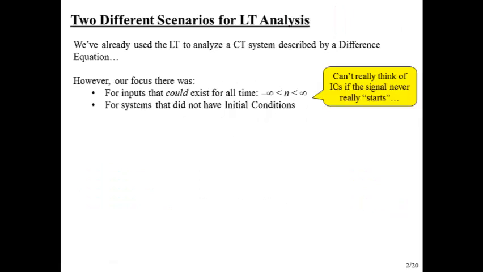So these mimic the slides that you've already seen for discrete time, and all the stuff that we've done so far for our analysis of a continuous time system is we've assumed that our inputs could exist for all time. They didn't have to, but they could. And if they did, it's really hard to define what initial conditions would be.